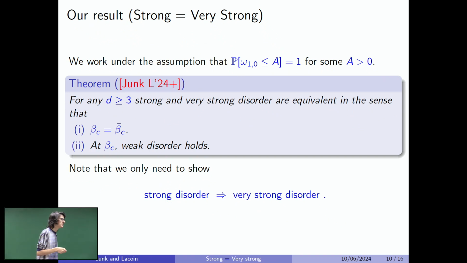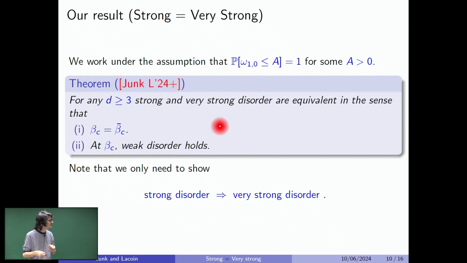I will spend the remainder of the talk trying to give a sketch of the proof of this result. A way to summarize this result is that whenever you have strong disorder, you have very strong disorder.